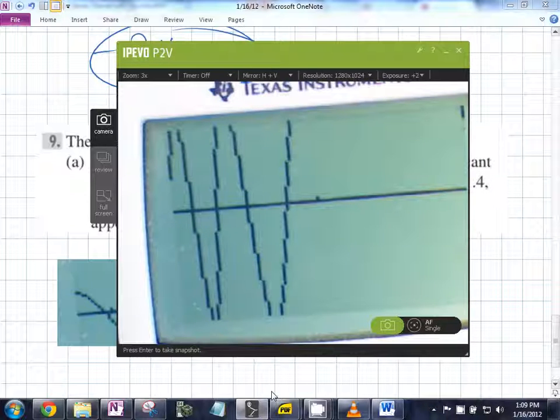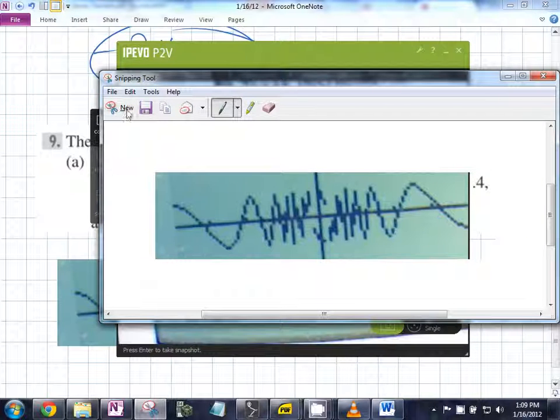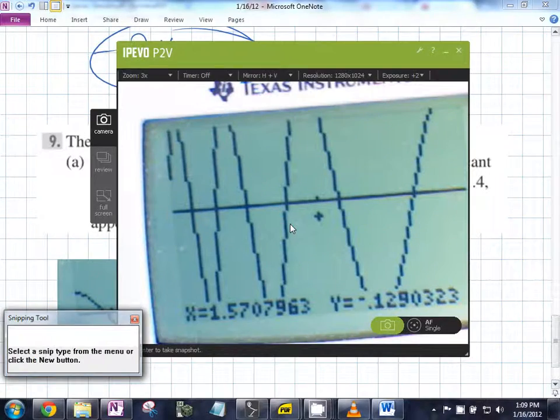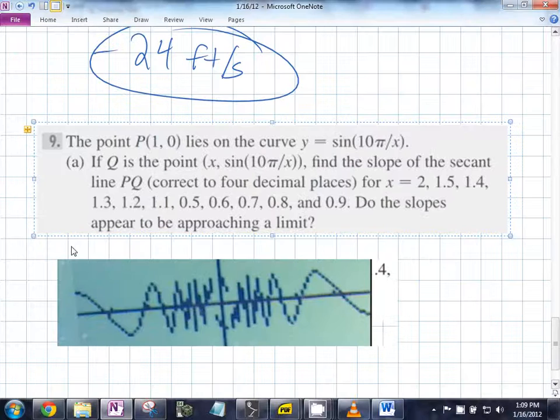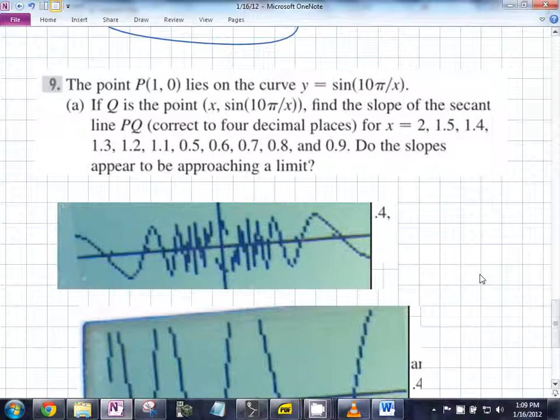Great. So before you did anything, does it really help to see this picture? Absolutely. So this says Q is the point x comma sine of 10 pi x. Where does Q live, therefore? This is a point on the function.